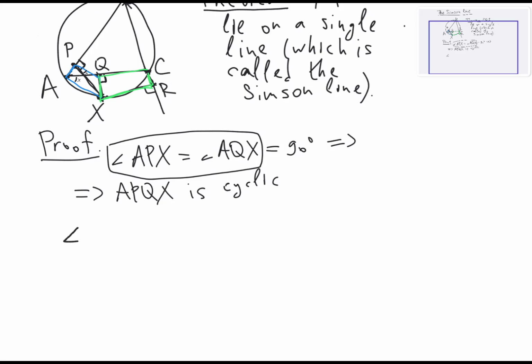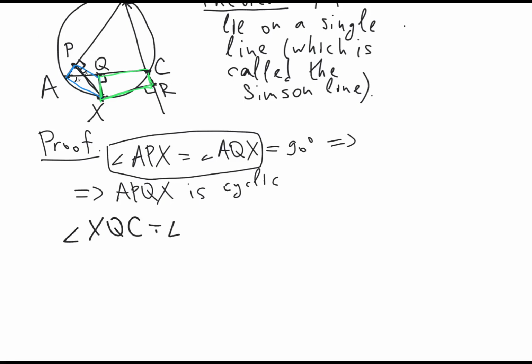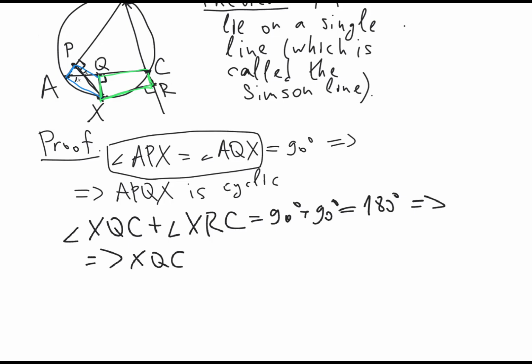So we have the angle XQC plus the angle XRC is equal to 90 degrees plus 90 degrees, which is 180 degrees. Therefore, XQCR is cyclic. Because it is cyclic, we conclude the equality of angles.